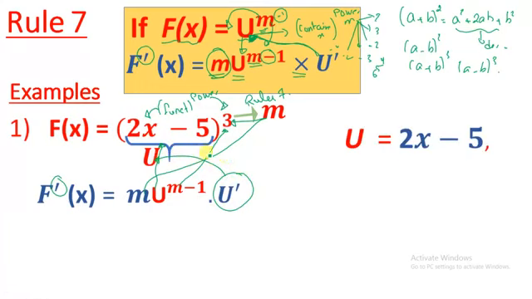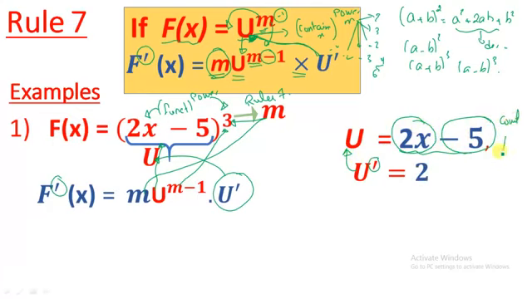Let's suppose that u is equal to 2x minus 5. I need u prime, which is the derivative of u. So what is the derivative of 2x? It is 2. And what is the derivative of minus 5? It is a constant. It is 0. So I have u and u prime.